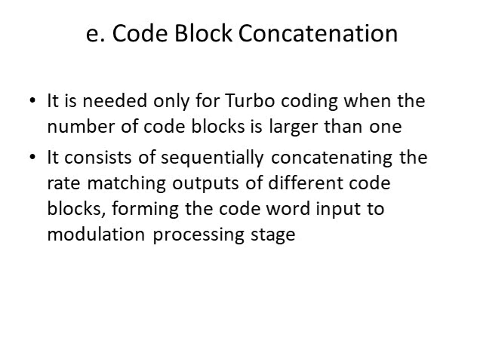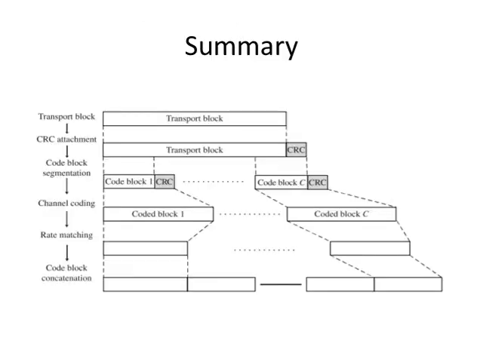Let us see the summary of the channel coding process. Here we have an input, the transport block. The transport block received from the MAC layer serves as the input to channel coding processing. The first stage is CRC attachment, where a 24-bit CRC is attached to the transport block.